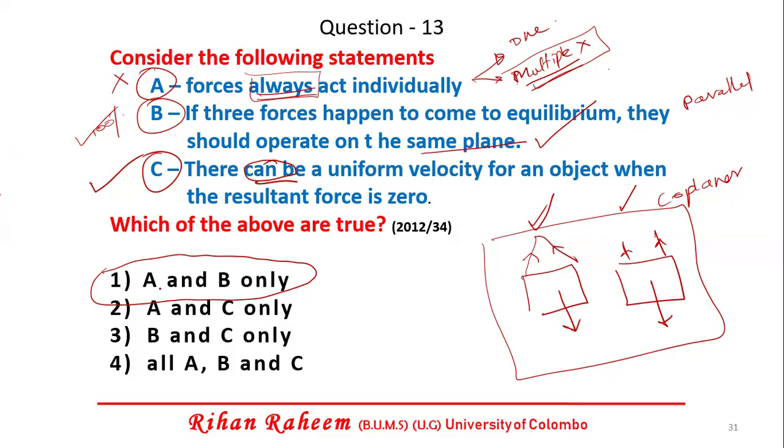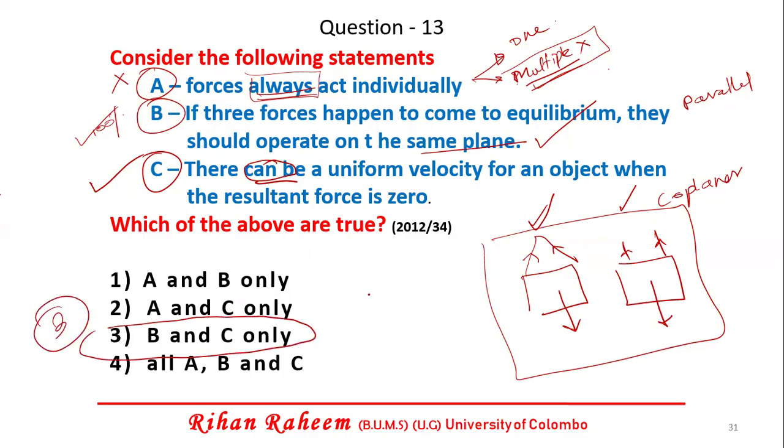So we can go with the answers B and C only. B and C, sorry. Maybe the third one as the answer, B and C. Because B is always 100% correct. C, they are saying can go at a uniform velocity. Yes, there are situations, but this is a special situation, not the normal situation.